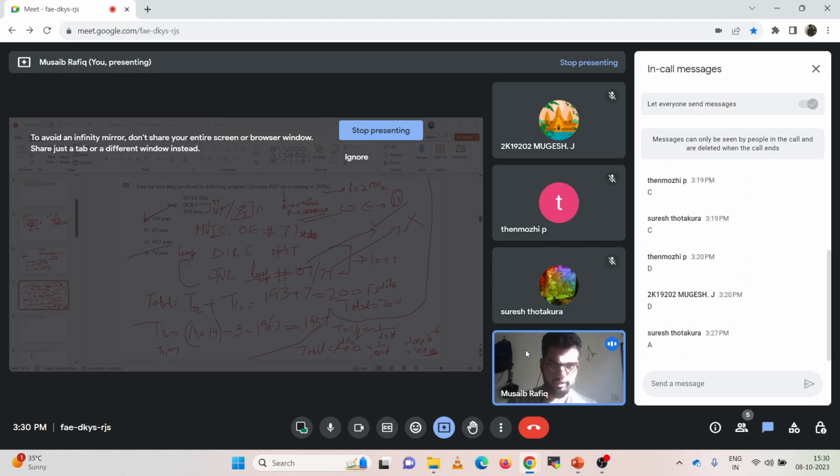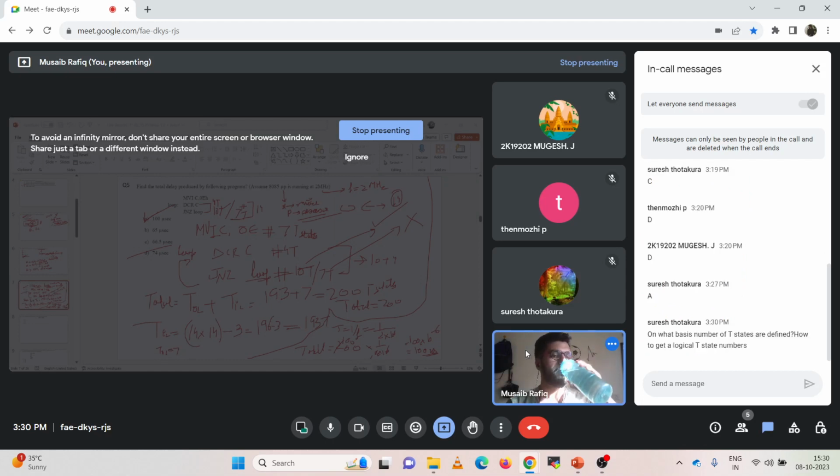Yeah, someone has already done it. You are given this table. If you refer to these reference books, these are well found in the literature. You can refer to your lecture notes and books. You will find which instruction takes how many T states.